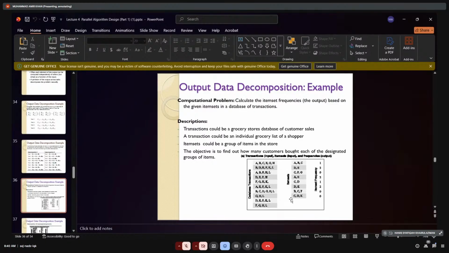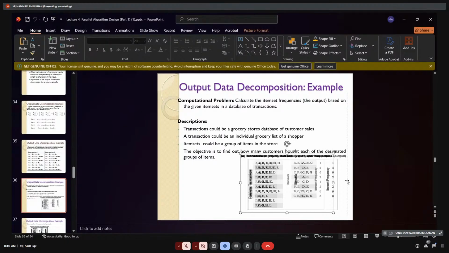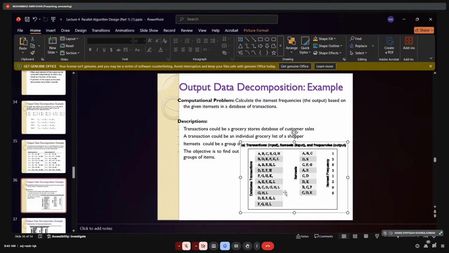Here we have database transactions, then we have item data, and then item set frequency basically.